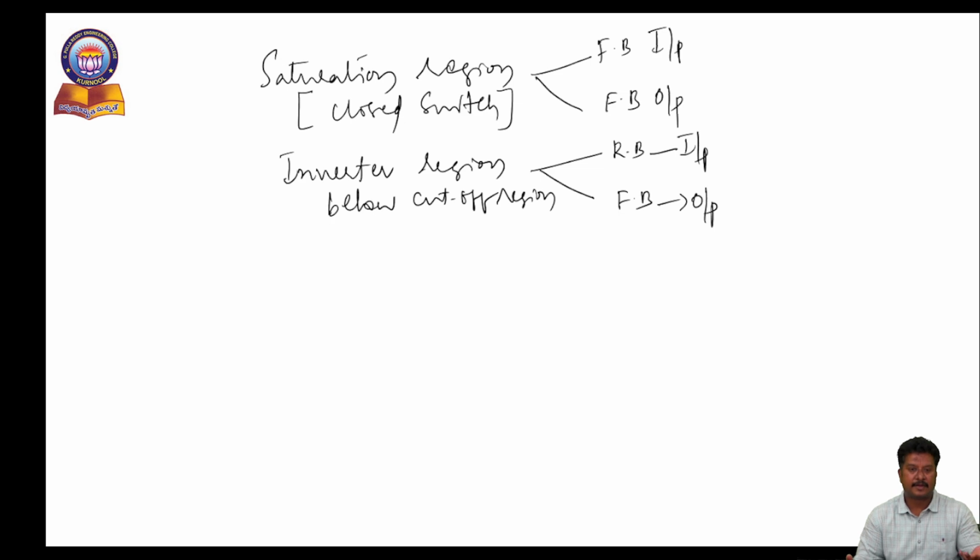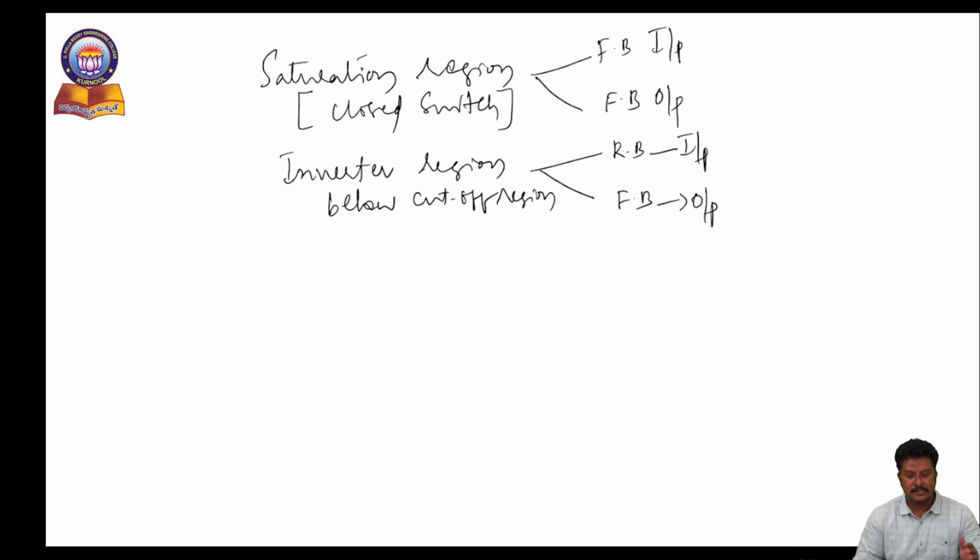Of course, we require some stabilization circuits and compensation circuits in order to continuously operate the transistor in the particular application we are expecting, either an amplifier or closed switch or open switch. But my idea and the discussion for this session is only to concentrate on which region I want to operate if I want to use the transistor as an amplifier.